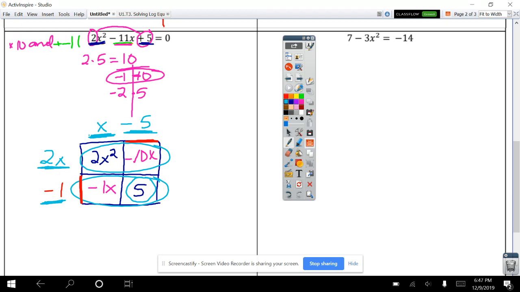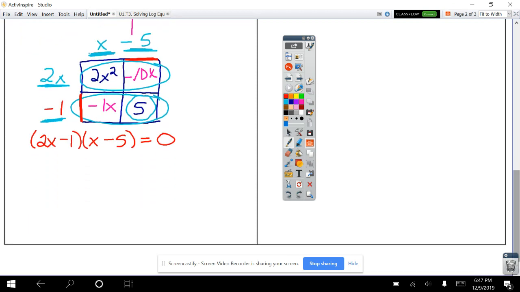Now that we've done that, we can write our factors as 2x minus 1 times x minus 5 equals 0. Then I can use my zero product property, set both factors equal to 0. 2x minus 1 equals 0, and x minus 5 equals 0.